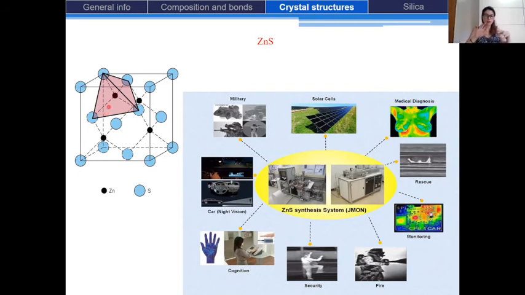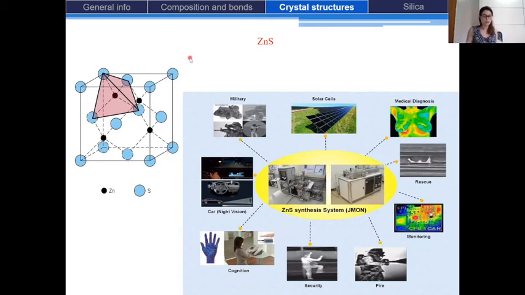And so if you reverse this position, if you translate this unit cell a little bit, you will find that the zinc and sulfide atom positions can be reversed and you find the same unit cell, the same structure.